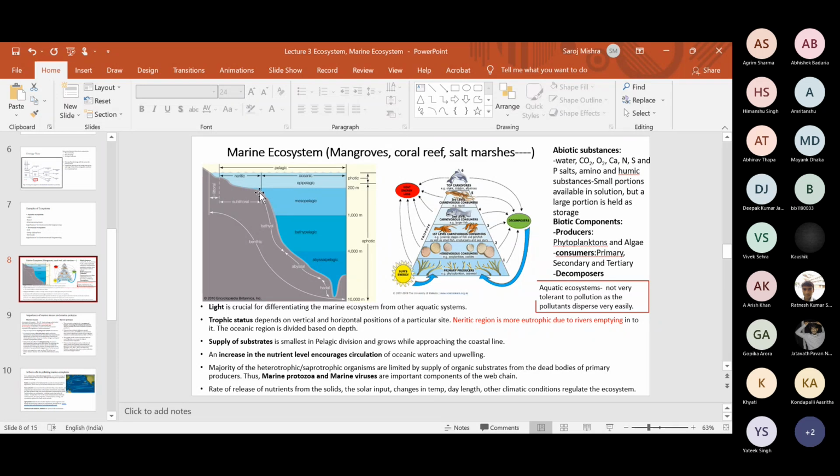Okay, and what you see here is that this ecosystem should have a producer, and these producers are the microorganisms, because you can't have plants in the ocean. There are algae which are certainly rooted here somewhere on the land, but they are not free flowing in the oceans. These are only the bacteria which are free flowing in the oceans.